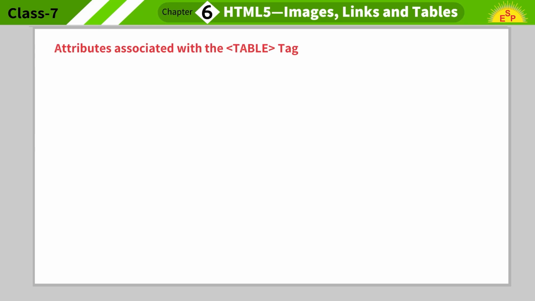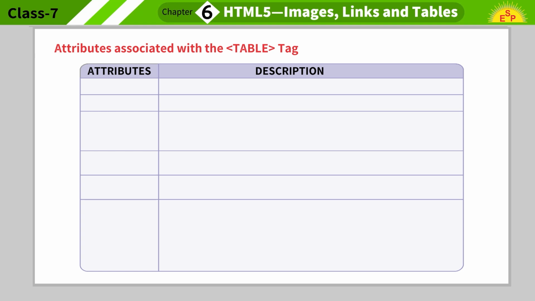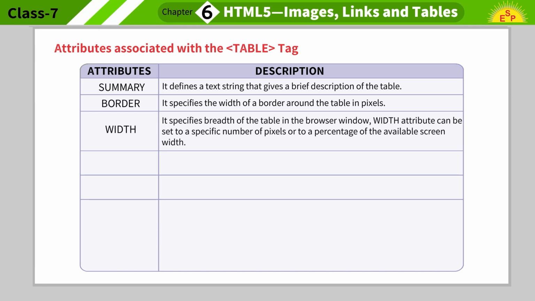Attributes associated with the table tag. Summary: it defines a text string that gives a brief description of the table. Border: it specifies the width of a border around the table in pixels. Width: it specifies the breadth of the table in the browser window.